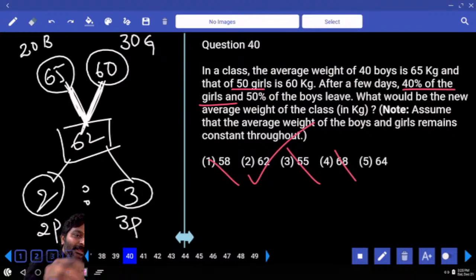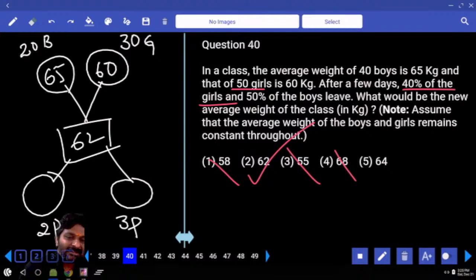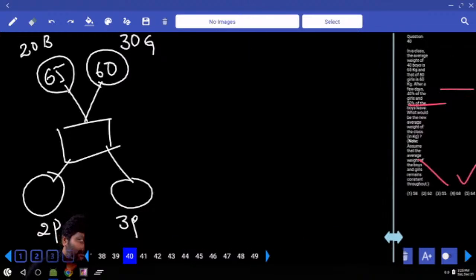Okay. Here I am going with option verification because you can still get the answer, but you need to know one point. In allegation, the average difference should be equal to the sum of the number of parts.